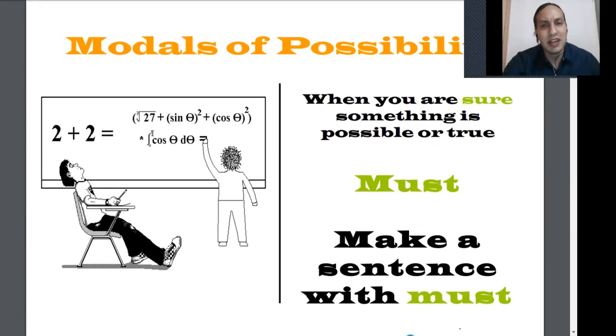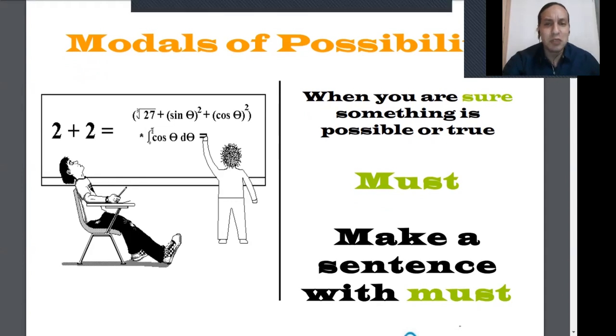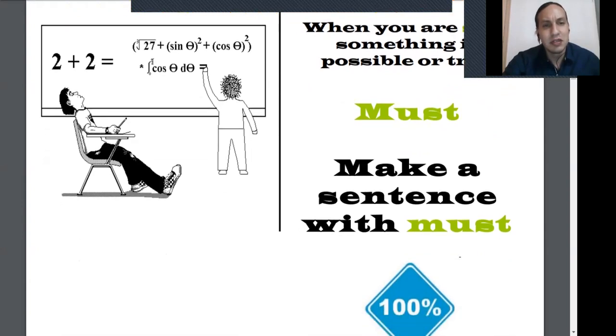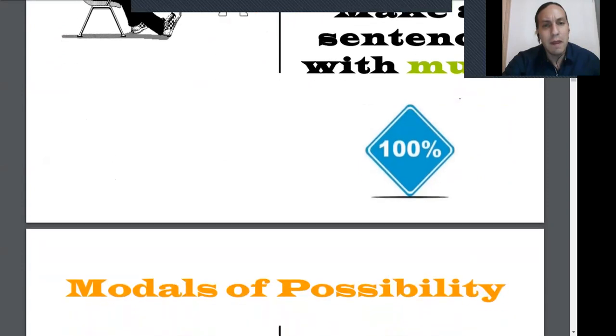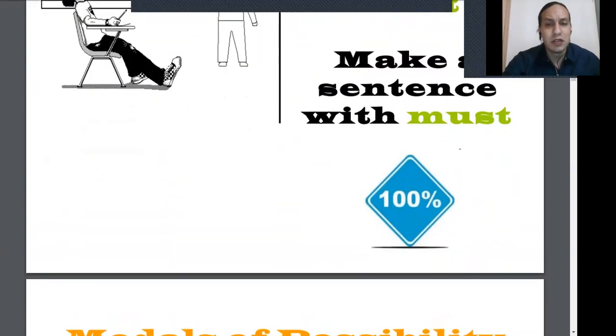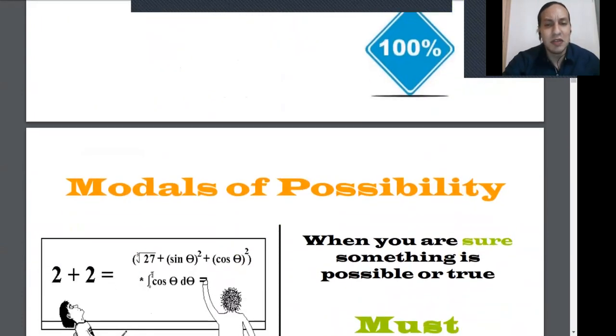Modals of possibility. When you're sure something is possible or true, must. Make a sentence with must, right? See the example here. Surprisingly looks like Einstein. Maybe a joke. Let's see them solve it.